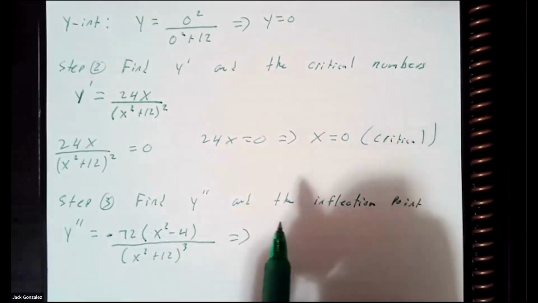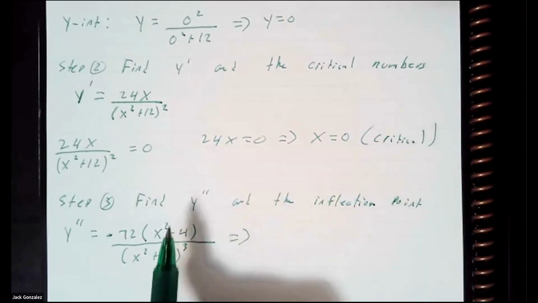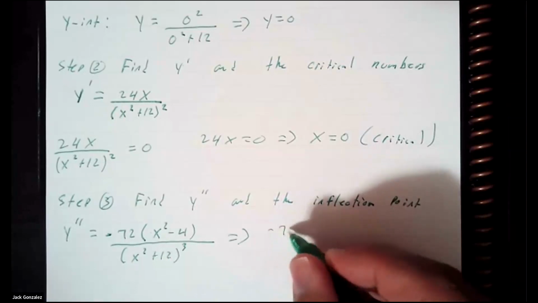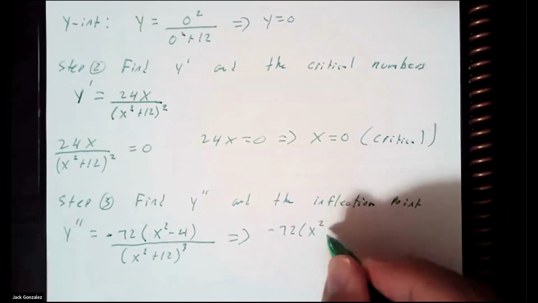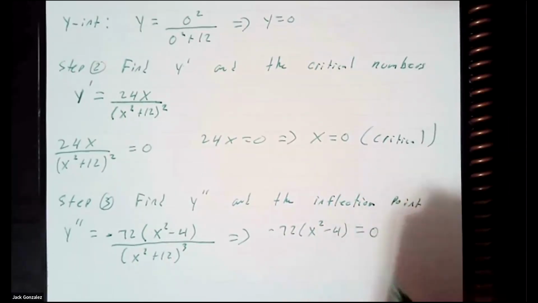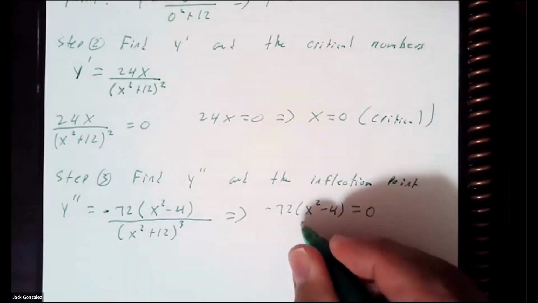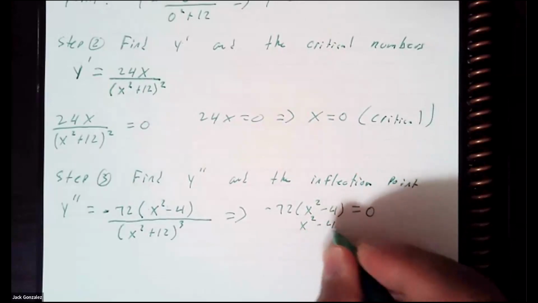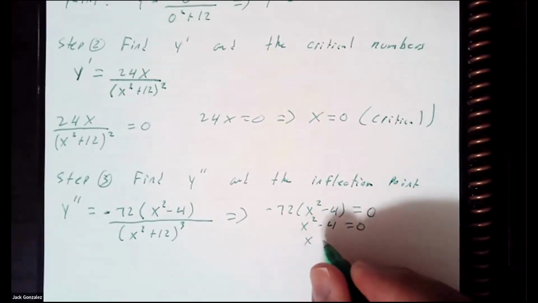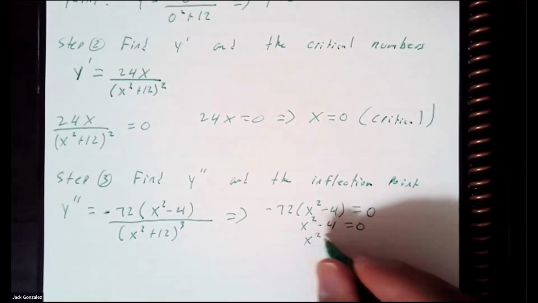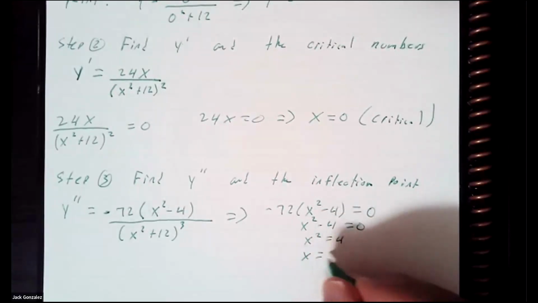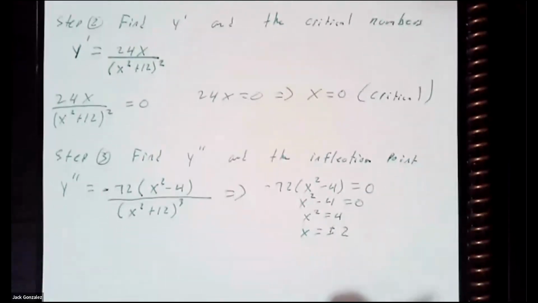To find the inflection point, we set the numerator to 0. Set this to 0, divide both sides by negative 72, and solve for x. X is plus or minus 2.